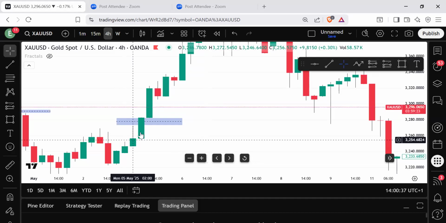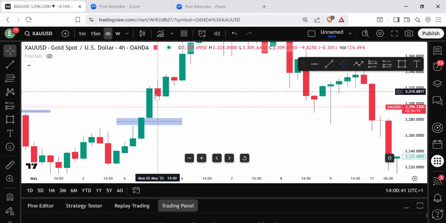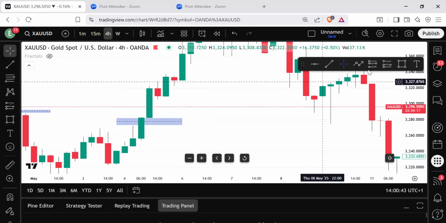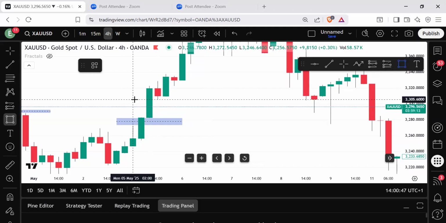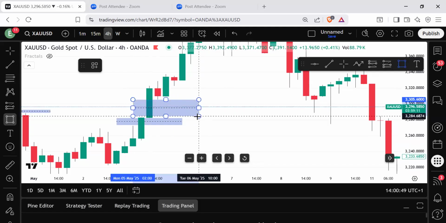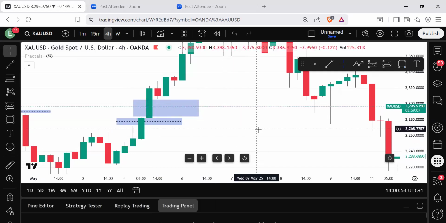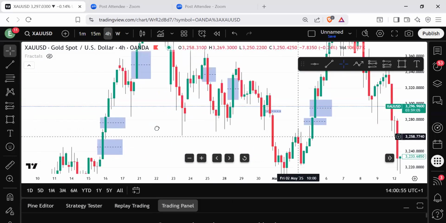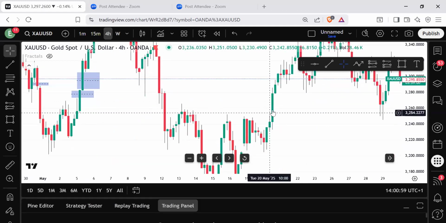Then between this green and this red, there's also a big gap. So that is fair value gap. You can see a very big one.